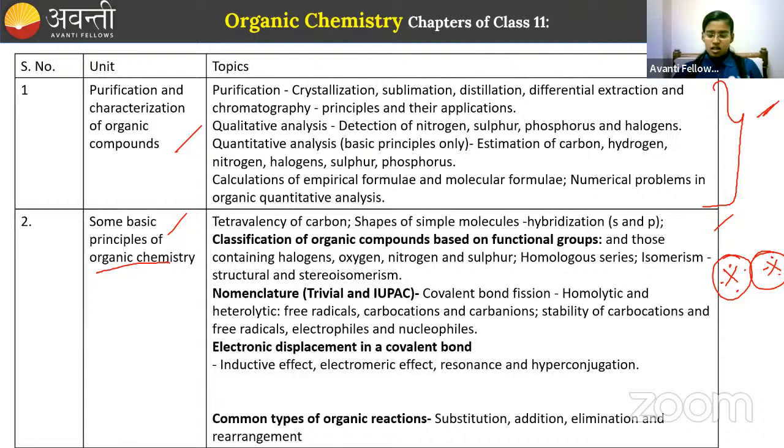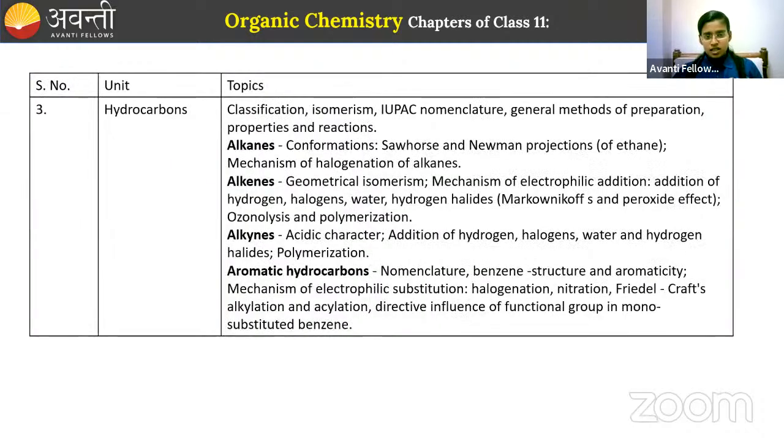Got it? Then the third lesson is hydrocarbons, which is again a high weightage chapter of your class 11. So hydrocarbon is again a very important chapter. It consists of alkanes, alkenes, alkynes and aromatic hydrocarbons. Okay.